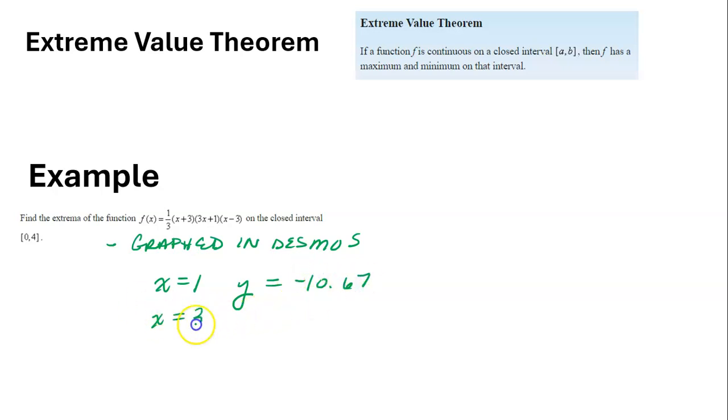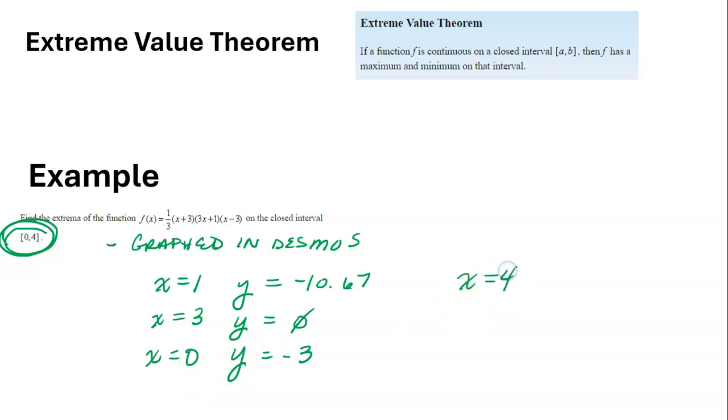When x was 3, these were some of the extrema, y was 0. When x was 0, y was negative 3. And when x was 4, y was equal to 30.33. So this was the max. This was the min.